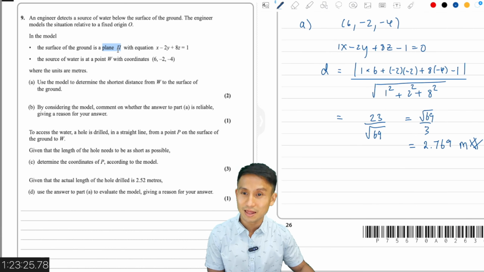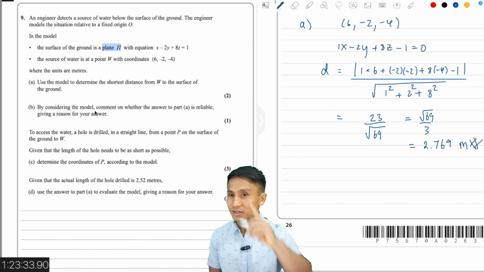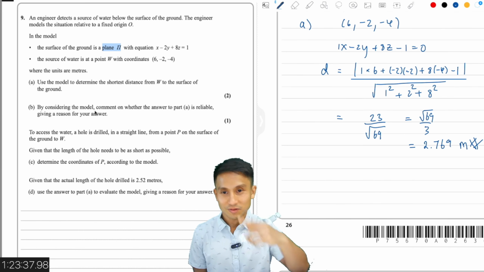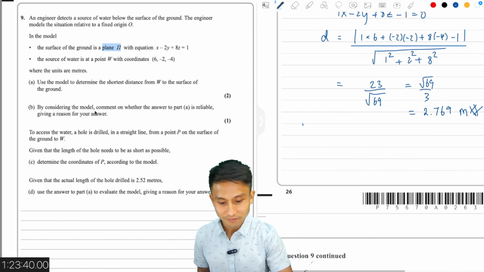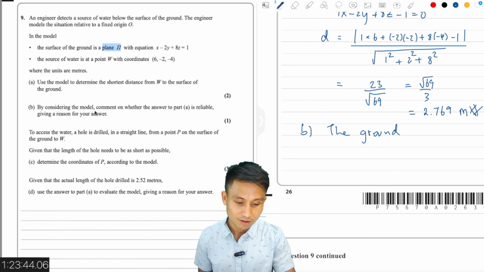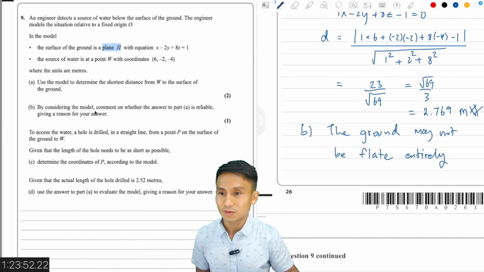A plane in math is flat, but the actual ground might not be. So the shortest distance might change, right? Because it may be shorter to some well rather than some peak, if the ground is not flat. I'm just going to say the ground may not be flat entirely. That's it, maybe.